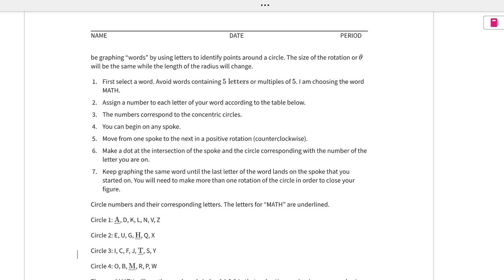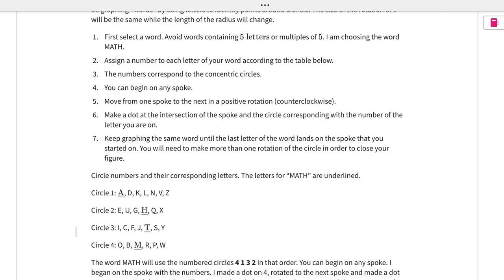So, circle numbers and their corresponding letters. The letters for math are underlined, right? So we'll stick with math for this answer key, but you could have done a lot of different words here. So there's the A, H, T. Not in that order, obviously, but there we go.